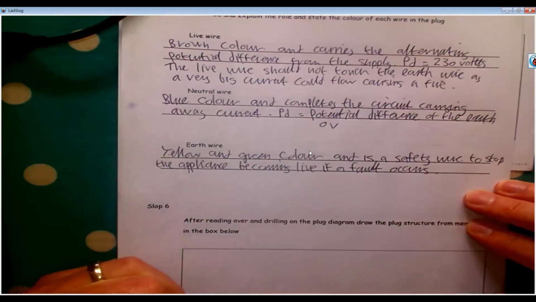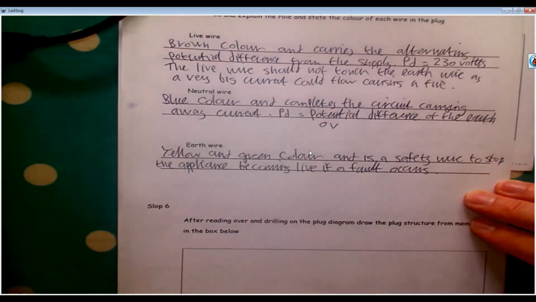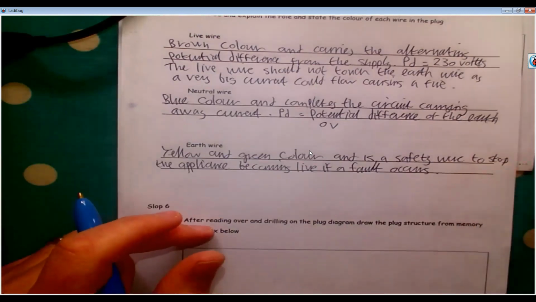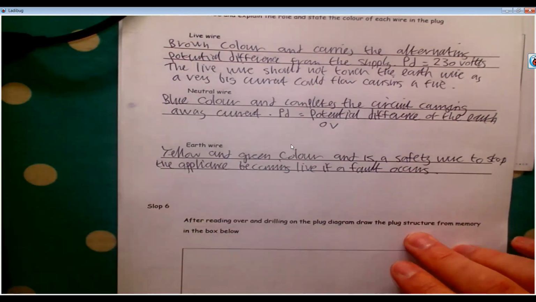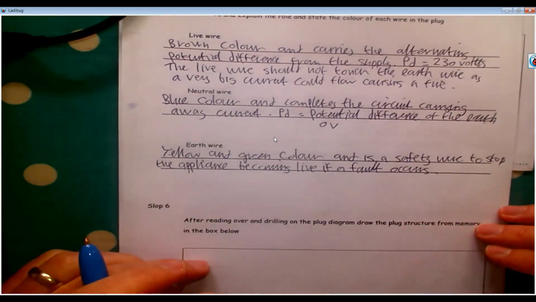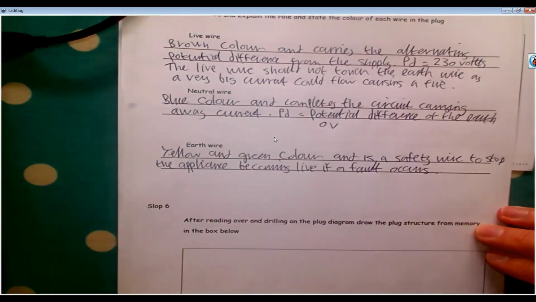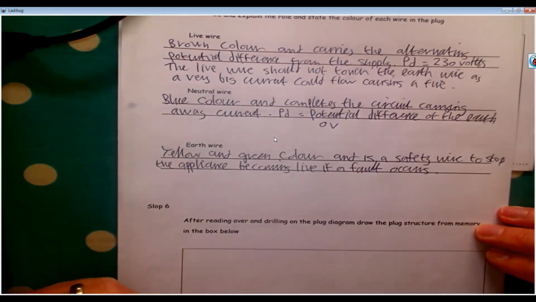Because the last thing you would want is to touch a device which has a loose earth wire and then pass up 230 volts through you, causing electrocution and terrible injuries or death. So yellow and green color, and is a safety wire to stop the appliance becoming live if a fault occurs.